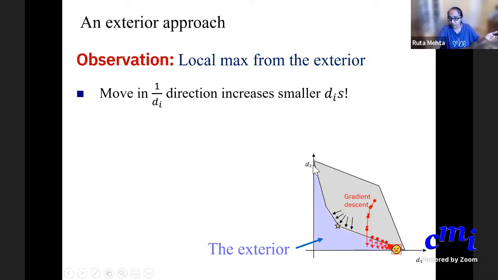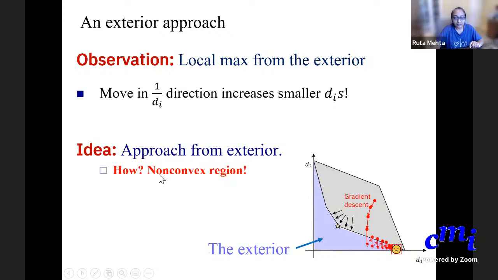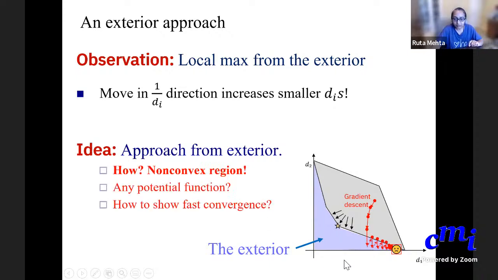We want to avoid any of the di's becoming 0, and moving in the 1 over di direction is perfect, because the minimum coordinate is going to increase the fastest. So this gives us an approach. The issue is that we are in a non-convex region. How do you really show convergence, and on top of that, how do you show fast convergence?